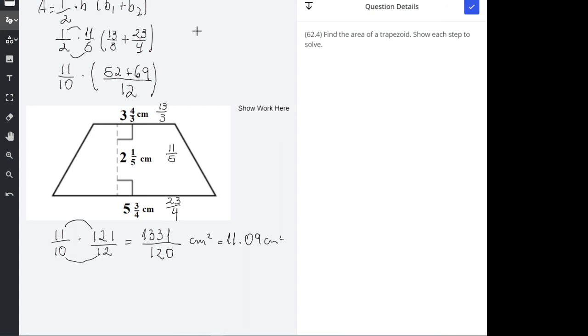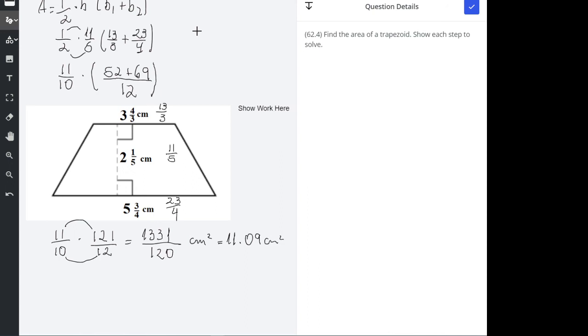Yes? From the formula, I add here 13/3 plus 23/4, base 1 plus base 2. Great. Mister, I want to write it as a mixed number.